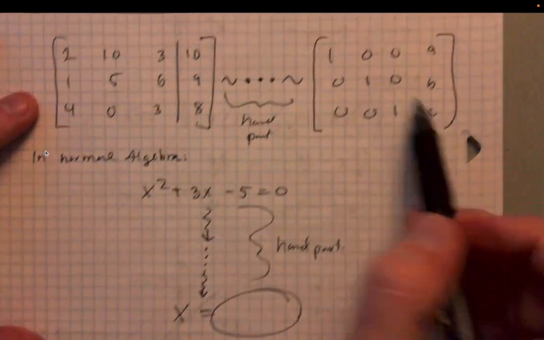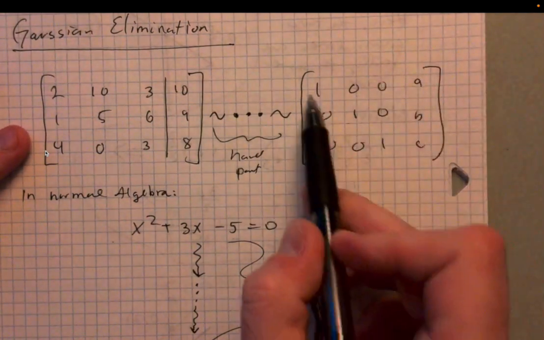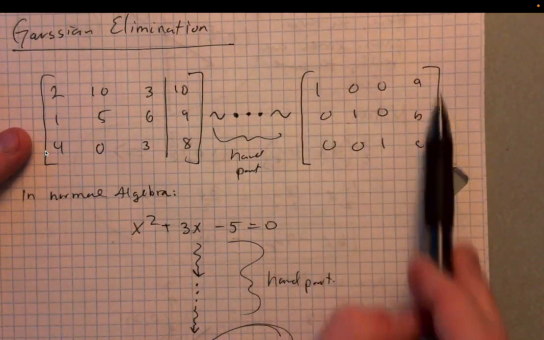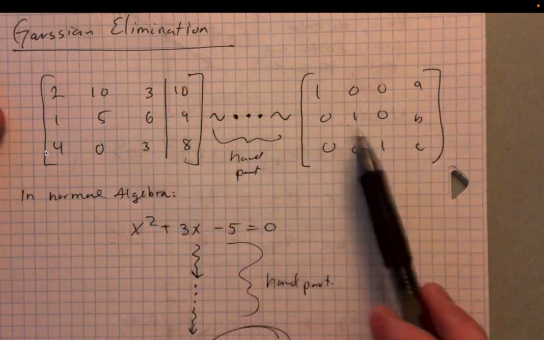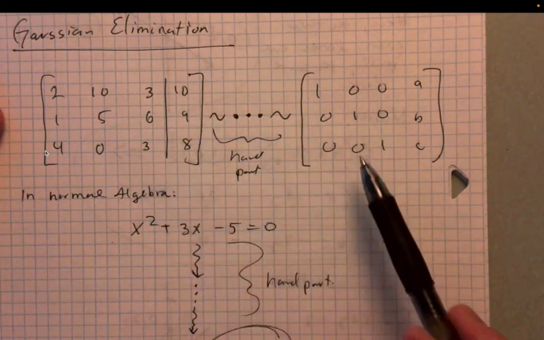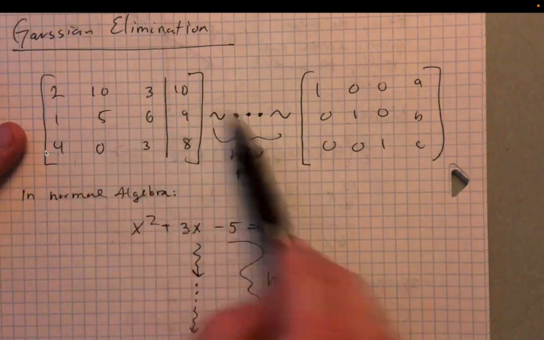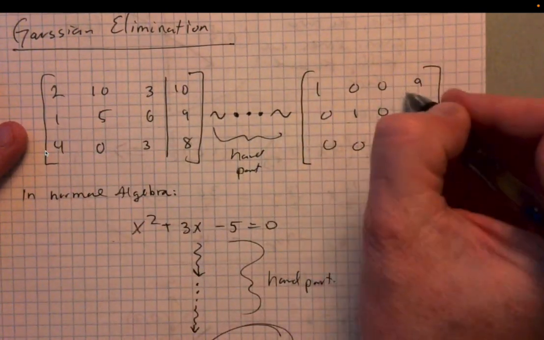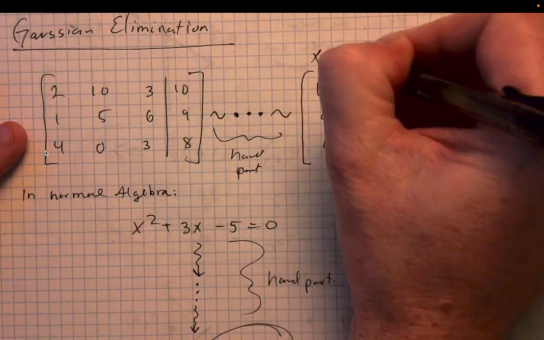The goal is to get the matrix into a particular form. Gaussian elimination doesn't go quite this far, but let's use this as a starting point for talking about the method overall. You start with this matrix of numbers, you do a bunch of stuff to it until it looks something like this, and these are your x1, x2, and x3 columns.